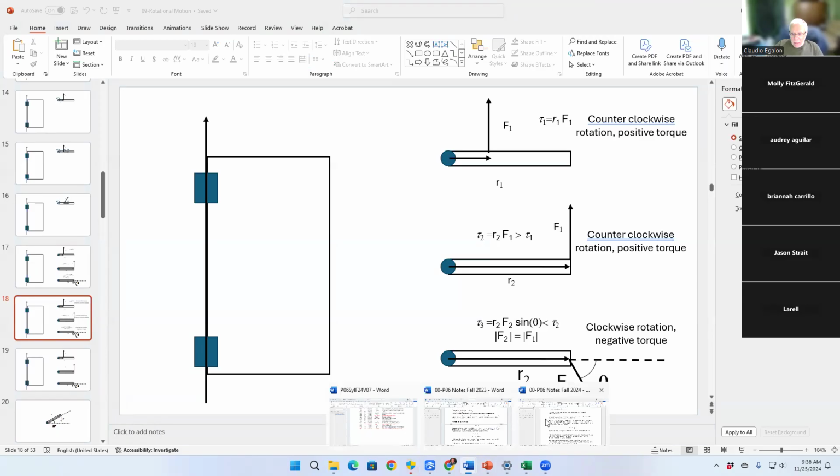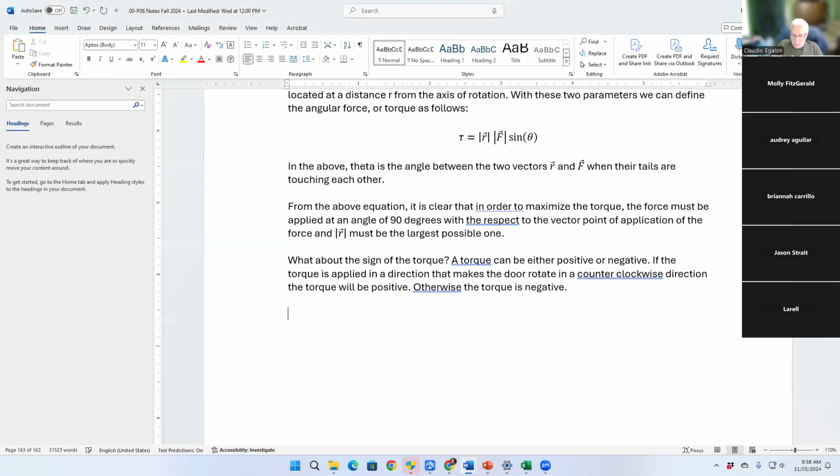Okay, units of torque. Let's take a look at the units of torque. From the above mathematical definition, the unit of torque is the unit of R, the unit of force, and the unit of the sine of theta.